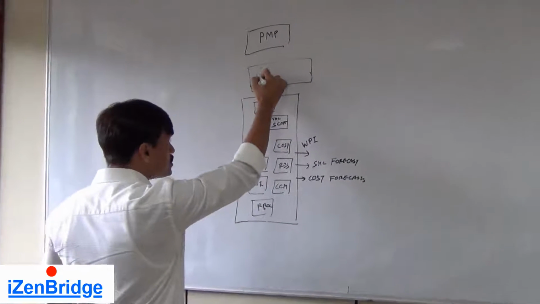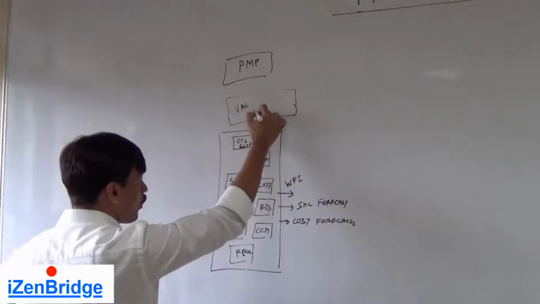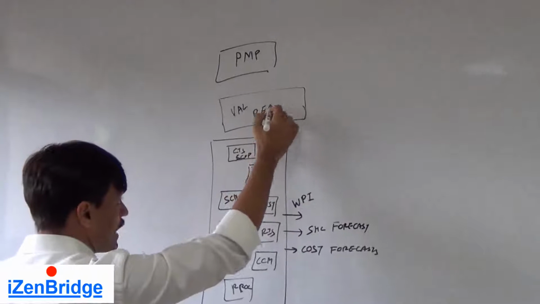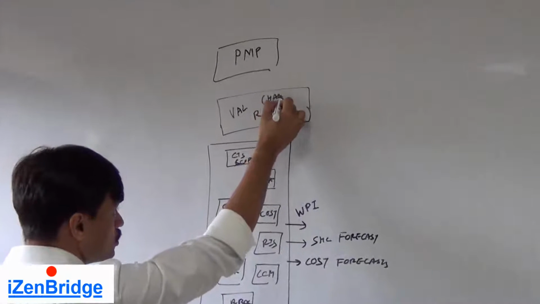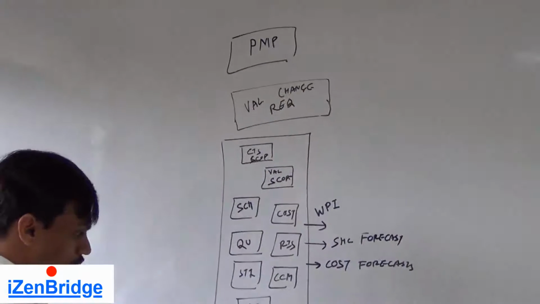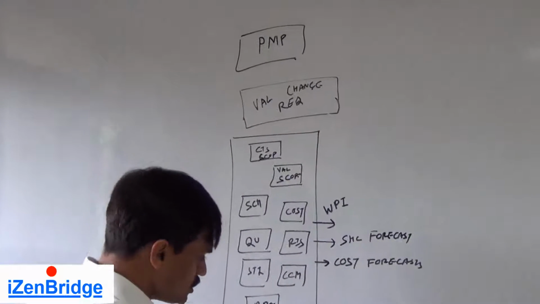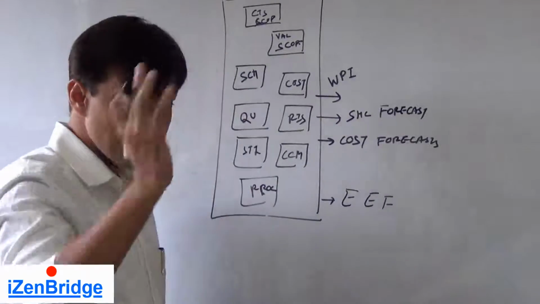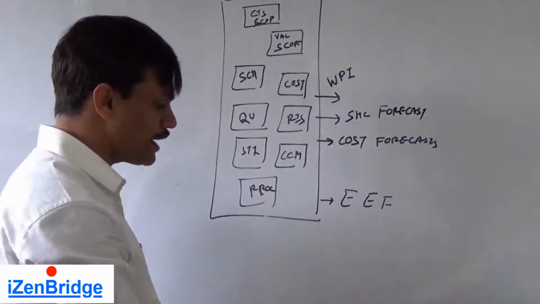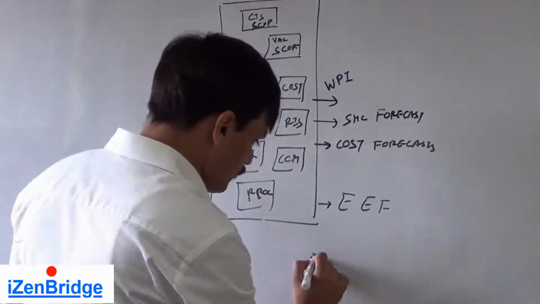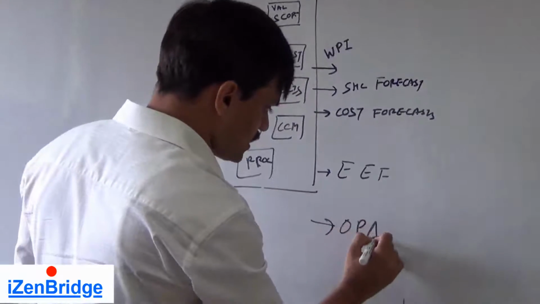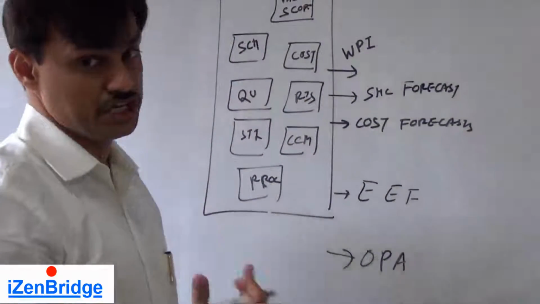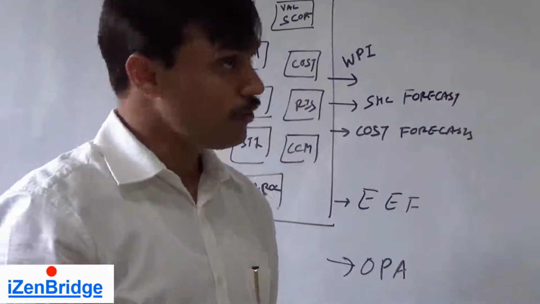So the validated change requests also come as an input to this process. Besides this, we always need enterprise environmental factors, because we want to work inside the environment of an organization and its surroundings, and we also need organizational process assets for various templates, checklists, procedures, and information.